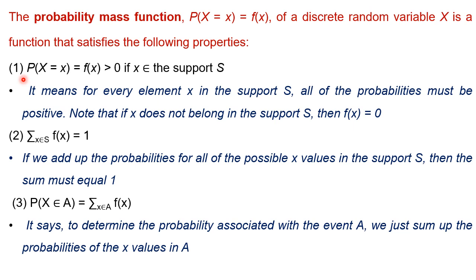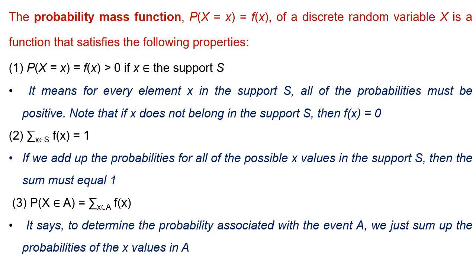First property says that probability of X equal to x equal to f of x is always positive, that is greater than 0, provided x belongs to support of f. It means that every element x in the support of f, all of the probabilities must be positive, and if x does not belong to the support of f, then f of x should be treated as 0.